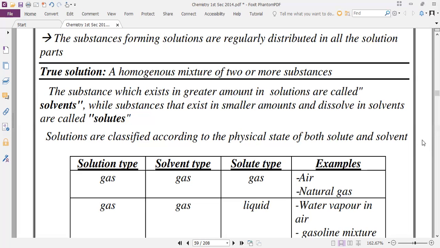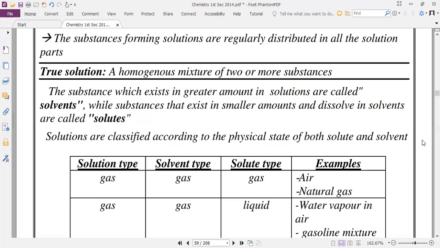True solution: a homogeneous mixture of two or more substances. The substance which exists in greater amount in solutions is called the solvent, while substances that exist in smaller amounts and dissolve in the solvent are called solutes.